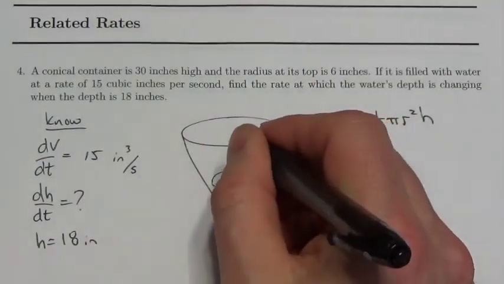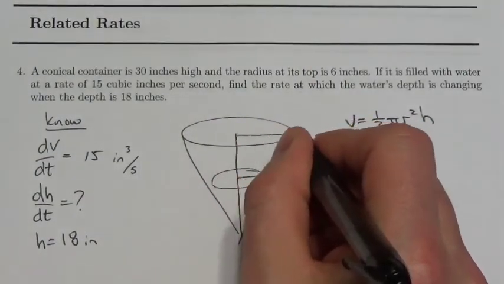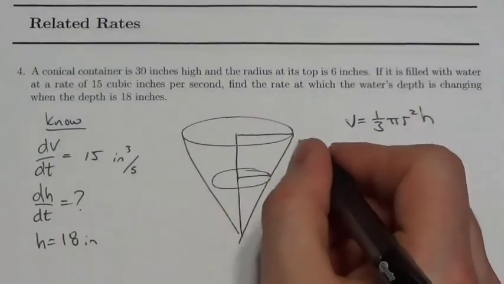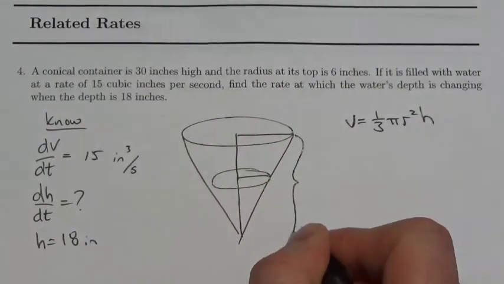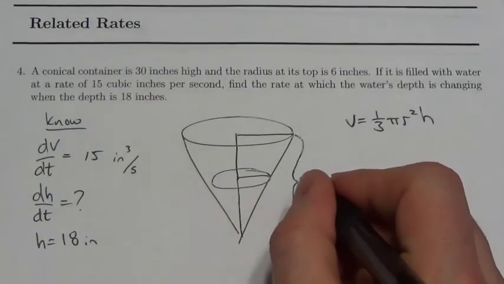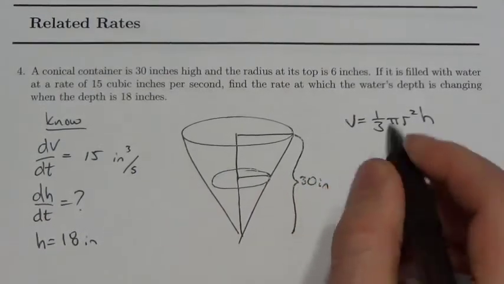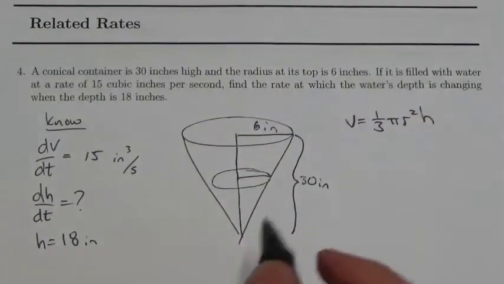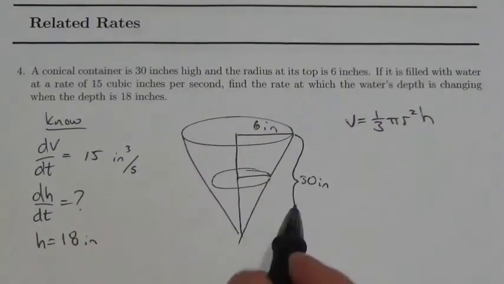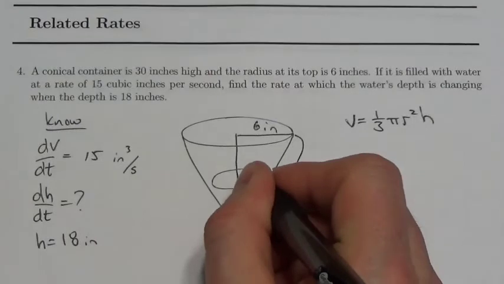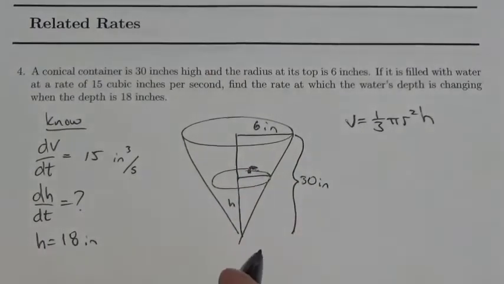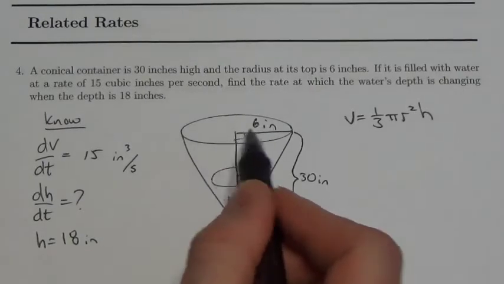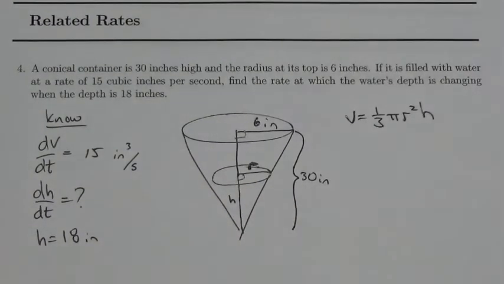Now, actually, it turns out in these cone questions, there is a beautiful relationship that's just kind of waiting there for us to use, and that is this. The height of this cone was 30 inches, and the radius at its top was 6 inches. What's nice about that is that this r right here and this height form this right angle triangle, which is similar to that large right angle triangle.